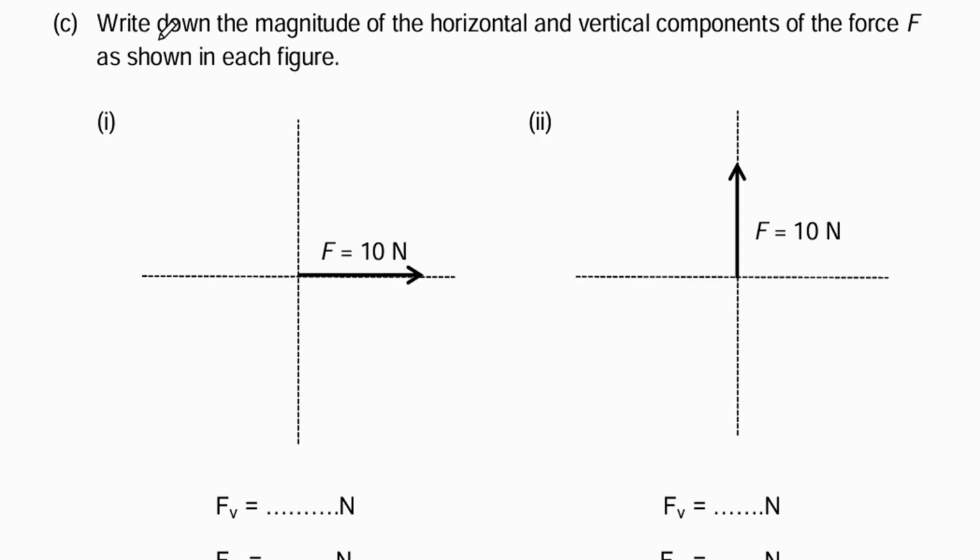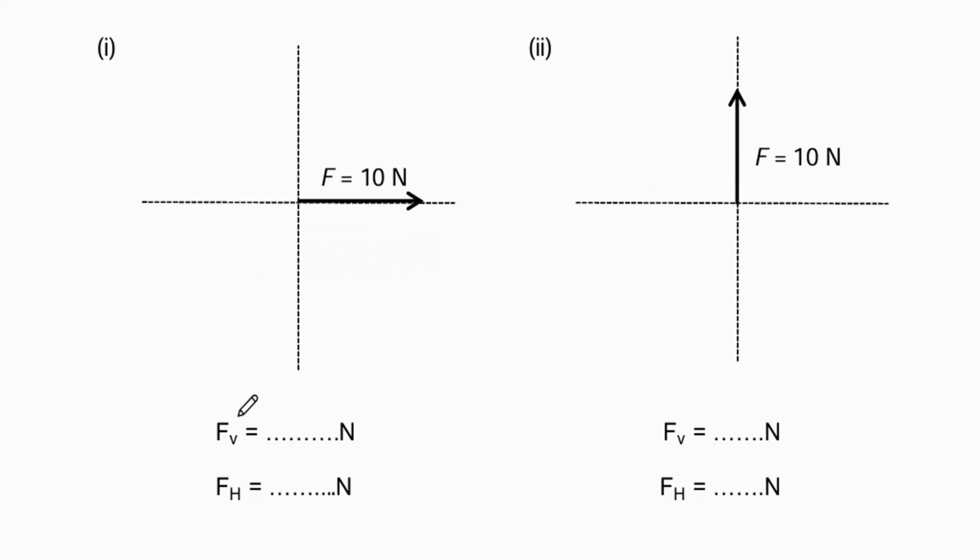Then in C, we have to write down the magnitude of the horizontal and vertical components of the force F as shown in each figure. So let's look at one here. Firstly, the vertical component. So we have the vertical plane here. Now note that this vector makes an angle of 90 degrees with a vertical plane.